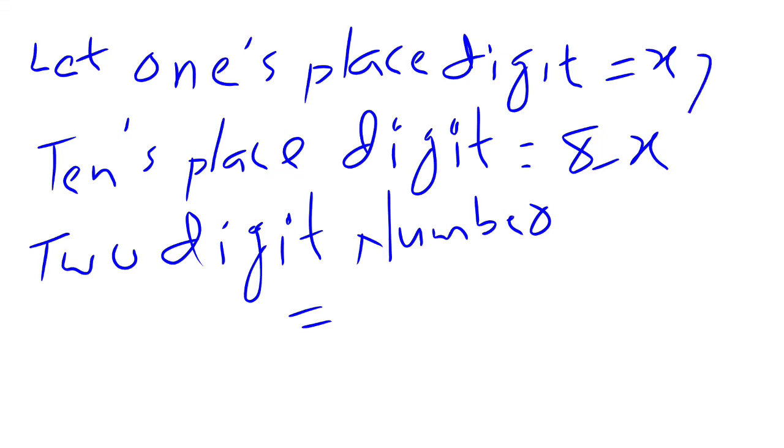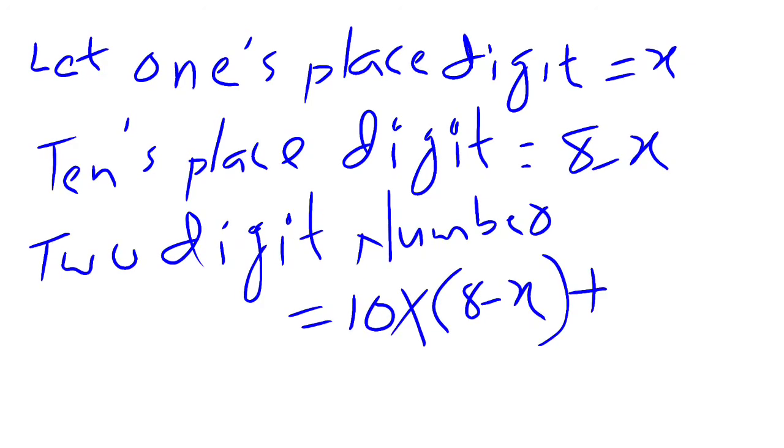So using these two digits, let's form the two-digit number. While writing the two-digit number, write it in the expanded form, which we learned in 4th and 5th class. So 10 into the tens place digit, 8 minus x, plus 1 into the ones place digit, x.